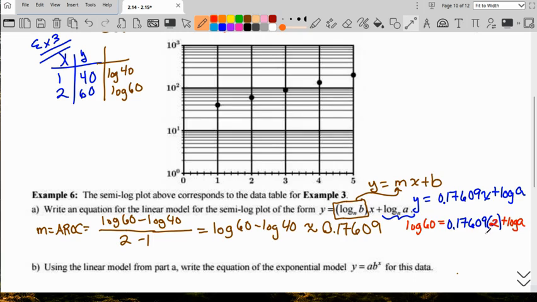Okay, and so if we multiply that out and subtract it from both sides, we get that the log of a, which is log 60, I'll write it out here for you. Log 60 minus 0.17609 times 2.